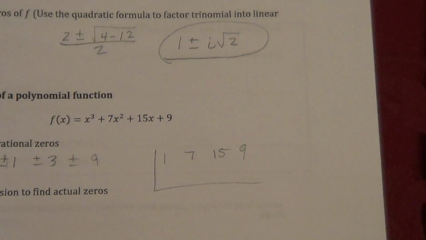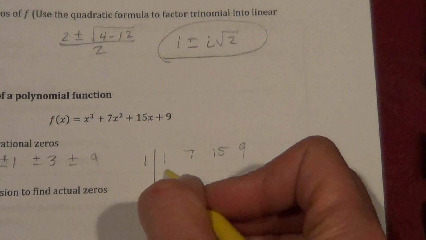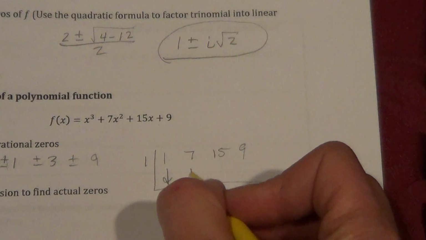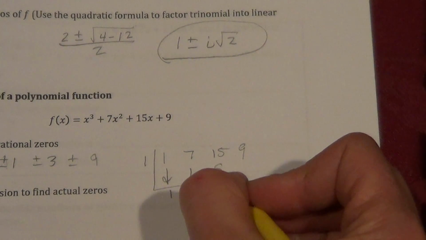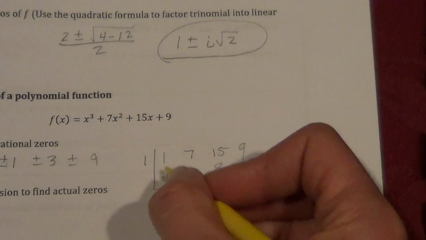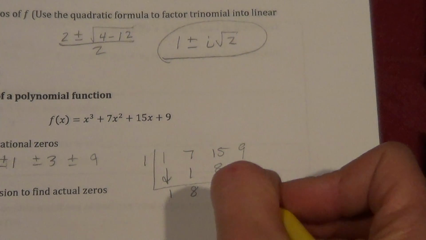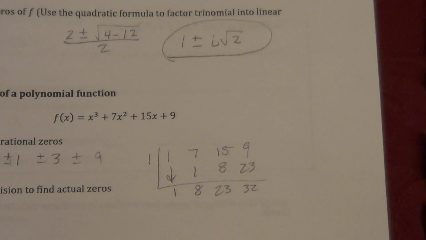And we just try out one of our zeros. So we have, let's try 1. Bring down 1. 1 times 1 is 1. 7 and 1 is 8. 8 and 1 is 8. 15 and 8 is 23. 23 and 1 is 32. Okay, that did not prove to be a factor.